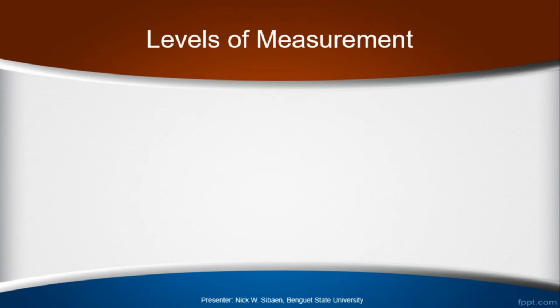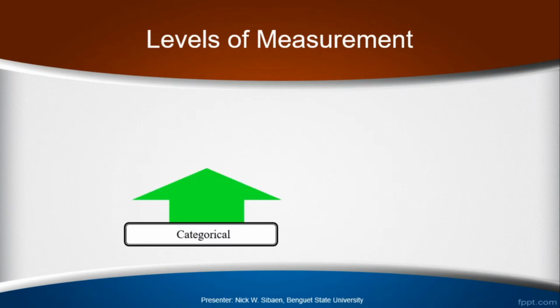Any variable can be categorized as either nominal, ordinal, interval, or ratio. We call this the level of measurement for a variable. A categorical variable is in nominal level or scale if the values of that variable cannot be ranked or ordered because there is no basis for doing so.